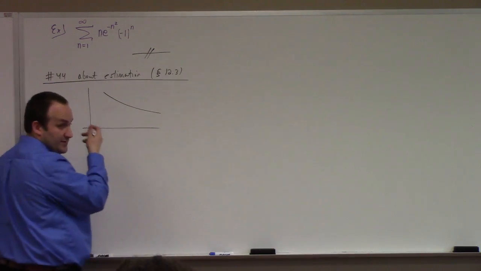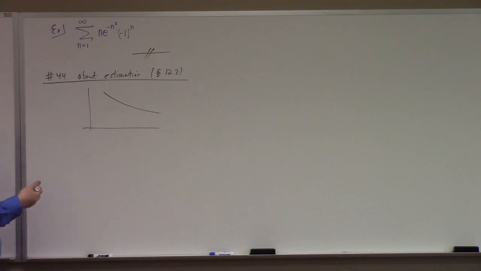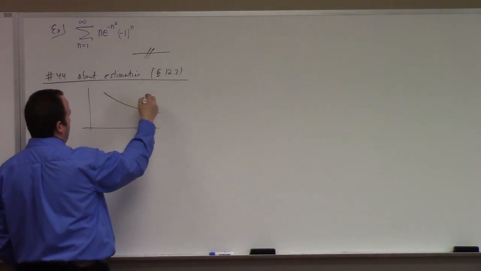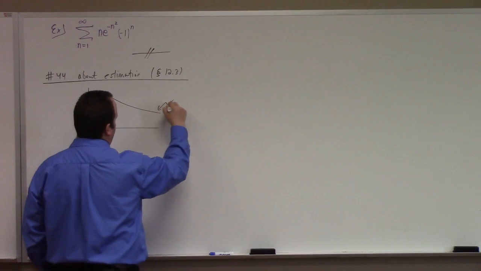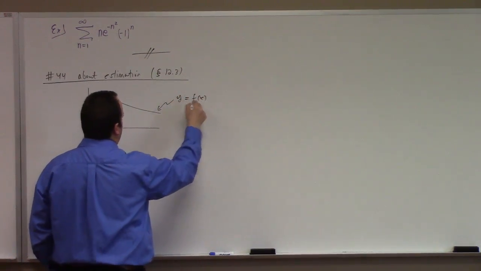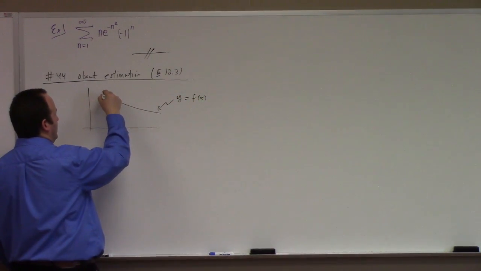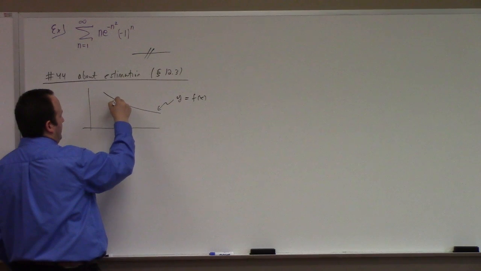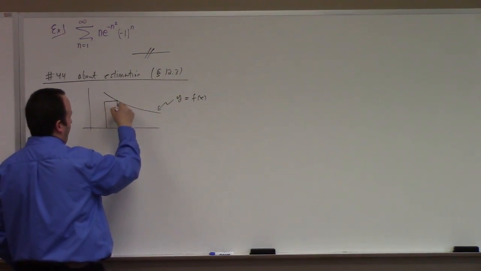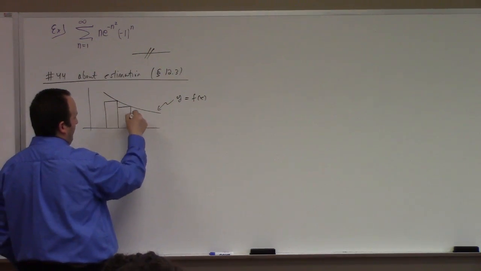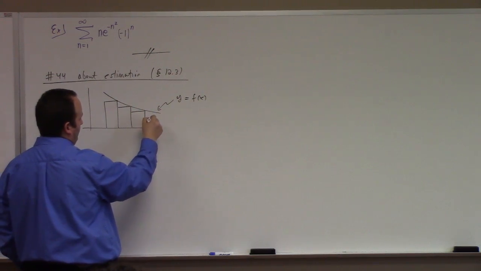If we have a continuous decreasing positive function from 1 to infinity, like this, we can look on the one hand at boxes like this, and so forth.